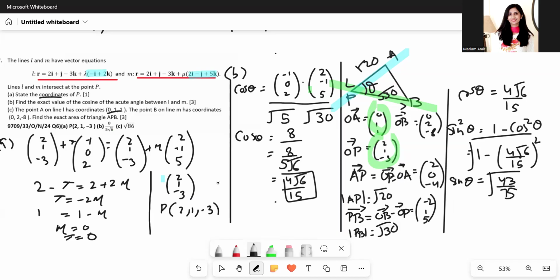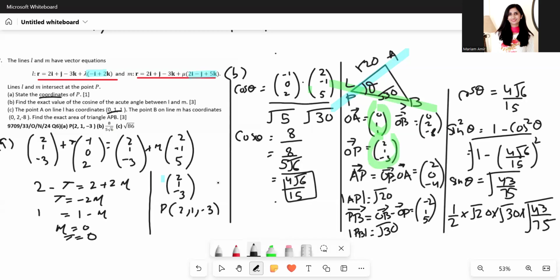So let's now use half a b sine C. So half times root 20 times root 30 times sine of the angle in the middle, which is square root of 43 upon 75. Now let's multiply all of these together and see what we get. Sorry, that was a 20, not a 2.